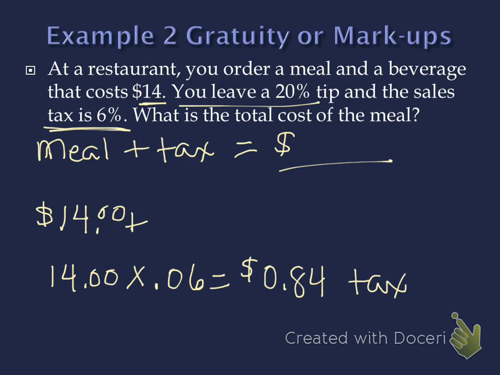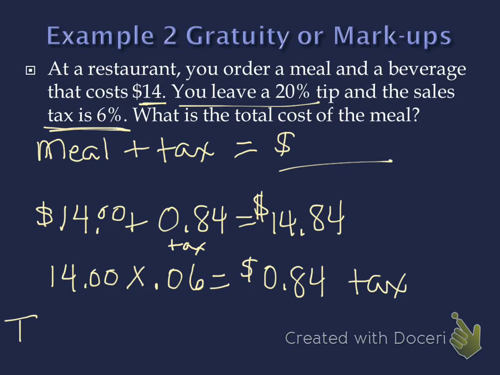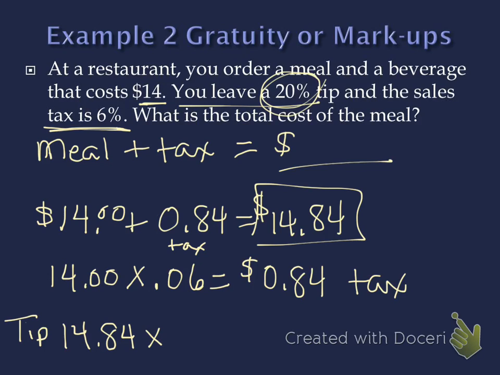So we're going to add that $14, we're going to add in the 84 cents for the tax, and now our meal is $14.84. Now let's take a look at the tip. To get the tip, we're going to take the price of the meal, $14.84, and we're going to leave a 20% tip.